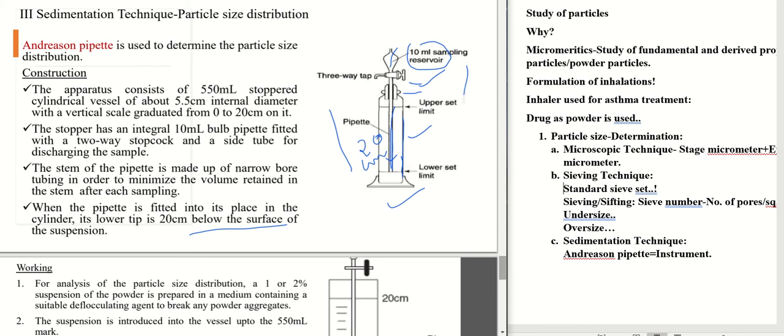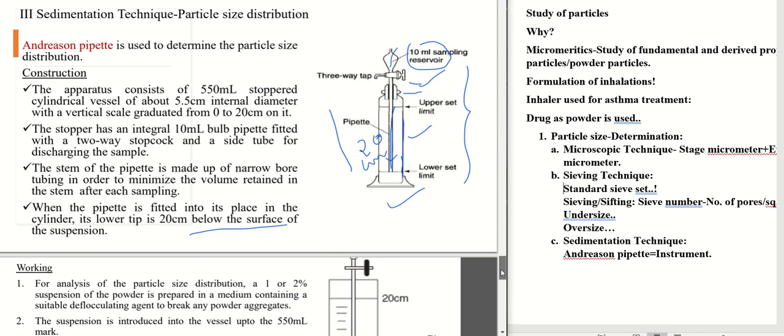Now this is about the construction of the Anderson pipette. Now let us see the working principle of this Anderson pipette, how this is used to determine the particle size. As the technique itself is known as the sedimentation technique, here we need to consider our Stokes formula.